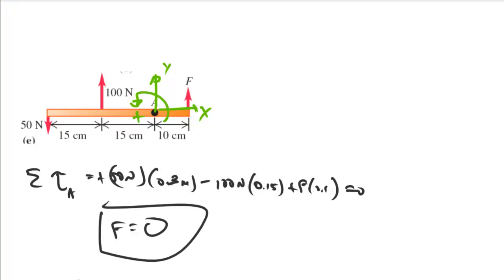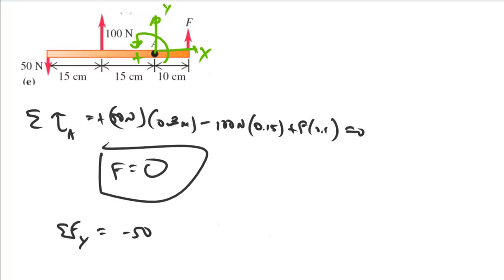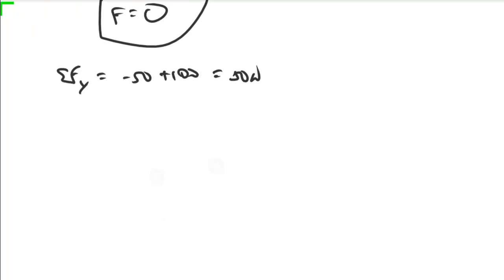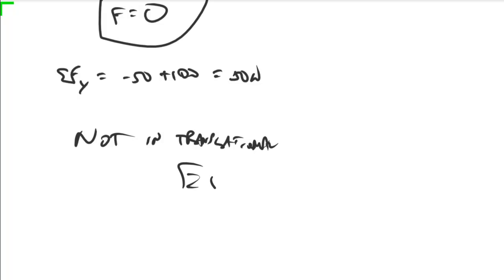So summing the forces in the y direction, we have negative 50 plus 100 plus F, but F was 0. So this is equal to 50 newtons. So this one's not in translational equilibrium either. None of these are actually in translational equilibrium.